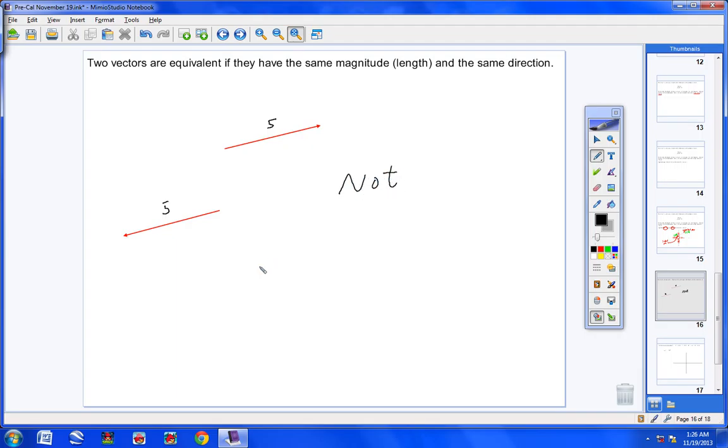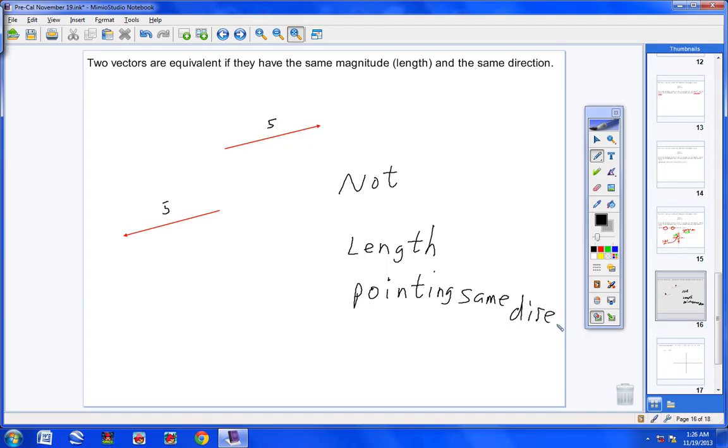So let me sum it up like this. I'm going to ask you in your homework today to tell me whether or not two vectors are equivalent. Here's what you need to check. Are you ready? You need to make sure the lengths of the two vectors are the same. You need to make sure they're running the same direction. That means they're pointing the same direction. There's 3 things you got to check.